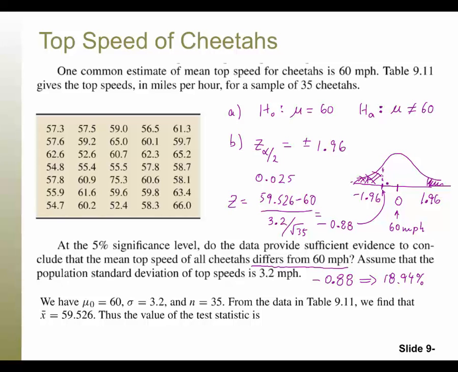No, because it's a two-tailed test, right? Because it's a two-tailed test, you'd also have, so we got negative 0.088. This is like 19, we'll just call it 19%, right?